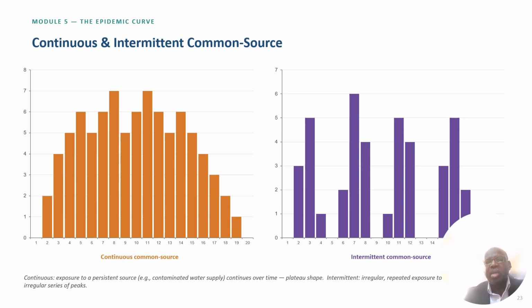The third type of epidemic curve is continuous, intermittent, common source. Here, just think about the outbreak in London, which was highlighted by John Snow.